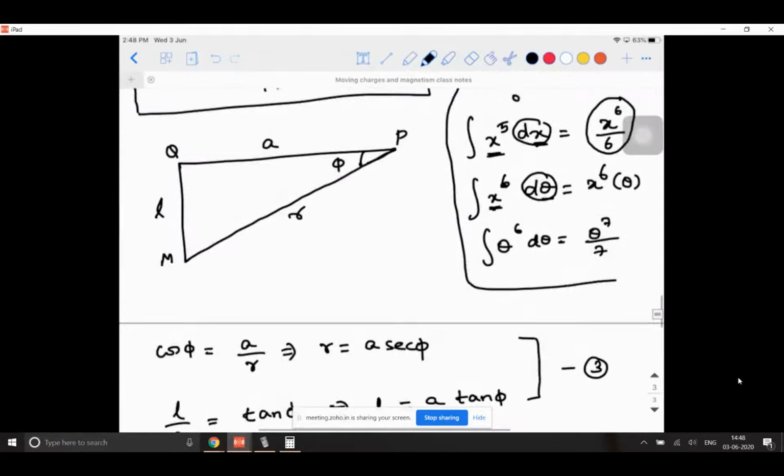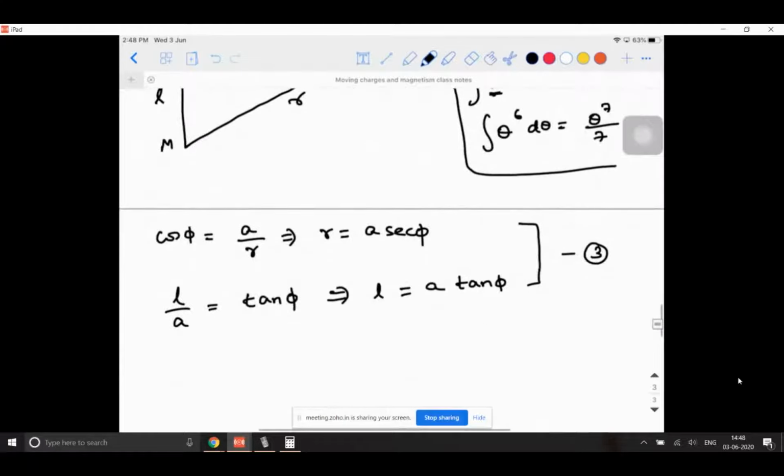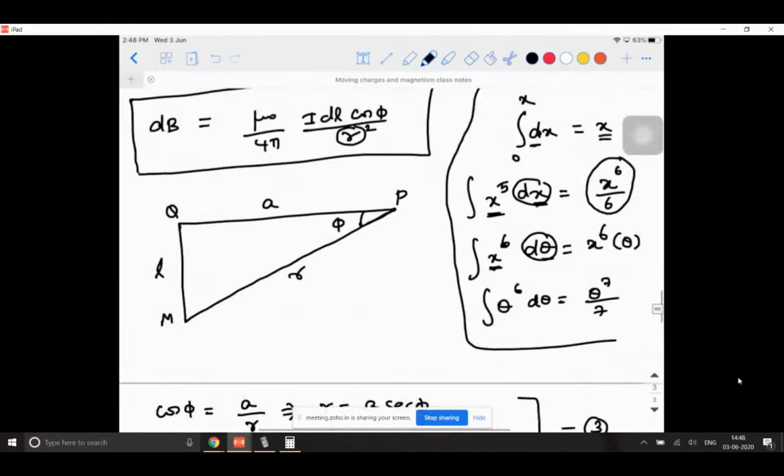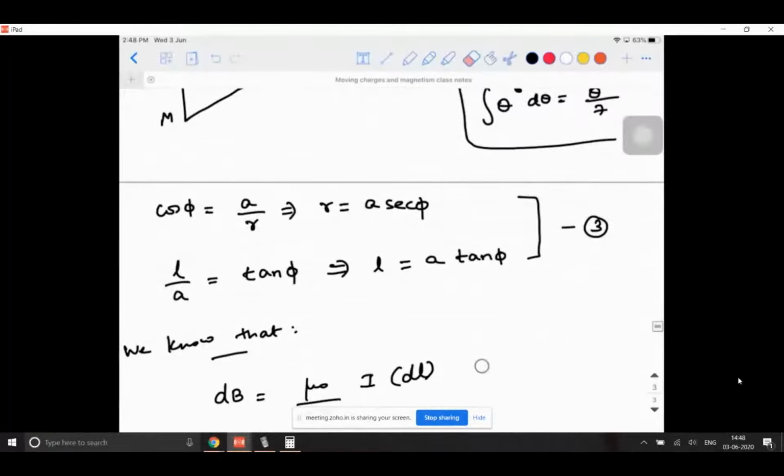Now I am writing the expression again. Observe. We know that dB is equal to mu naught divided by 4 pi into I into dl cos phi, the whole divided by r square.